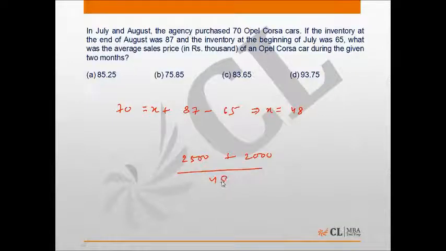Divide this figure by 48, it comes out as 93.75. So the average price of an Opel Corsa car during the given period was 93.75 into 1000, which is 90,300,750 rupees. So option D is the correct answer.